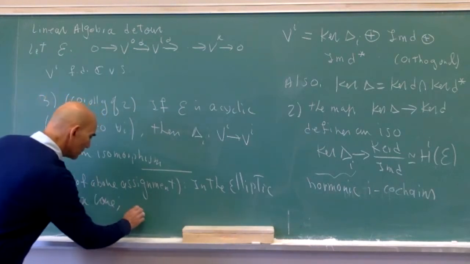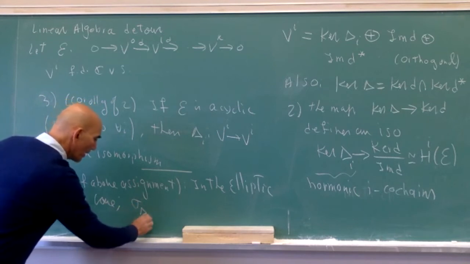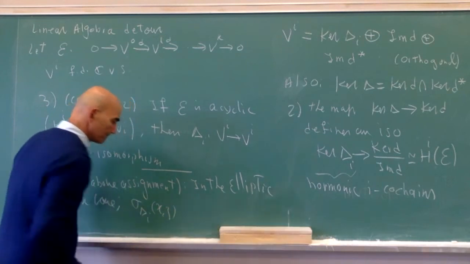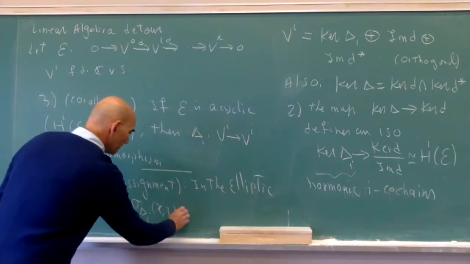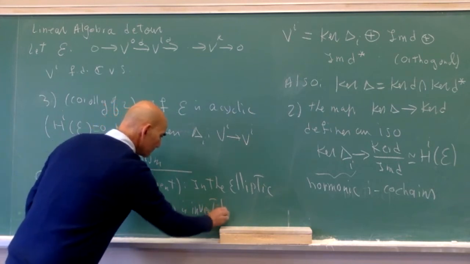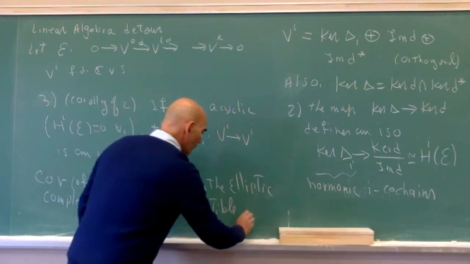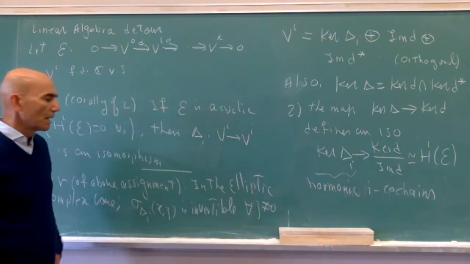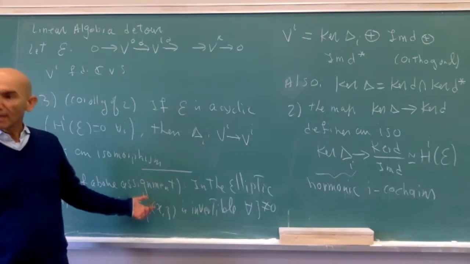So the symbol of delta I at x and xi is invertible for all xi different from 0, right? So in other words, these operators are elliptic.